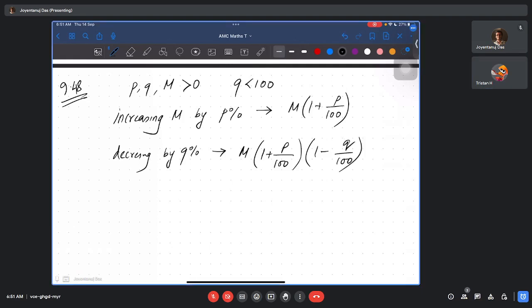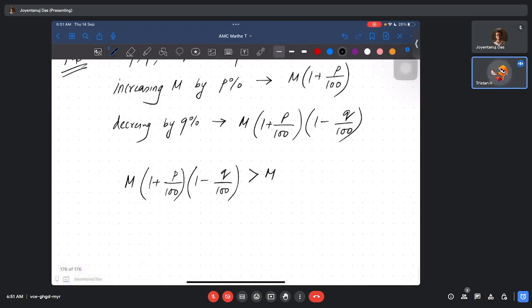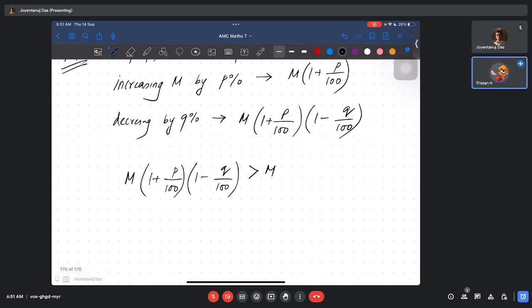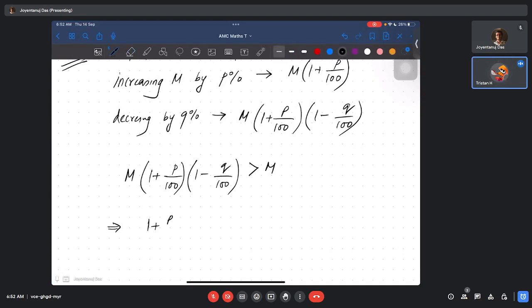And then they say that it must exceed M, so it must be larger than M. So the M we can cancel because M is positive.